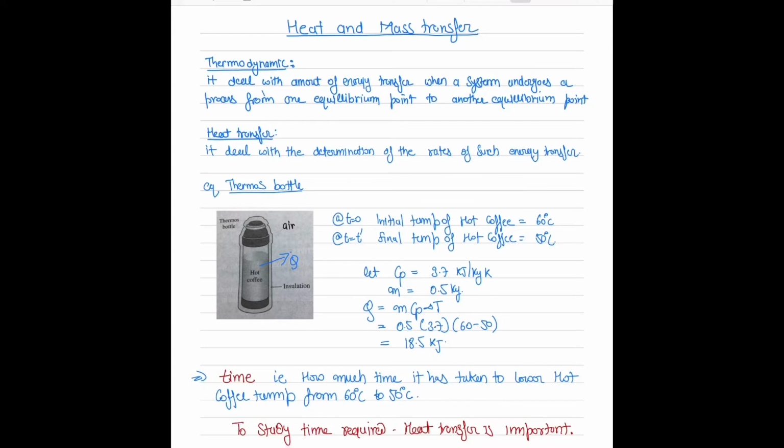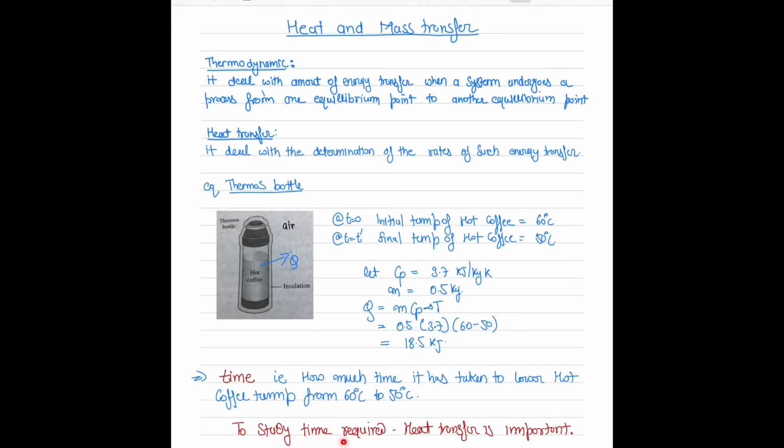But this analysis does not tell us anything about the time, that is, how much time it has taken to lower the hot coffee temperature from 60 degrees Celsius to 50 degrees Celsius. And this time is an important parameter for designing the thermos.